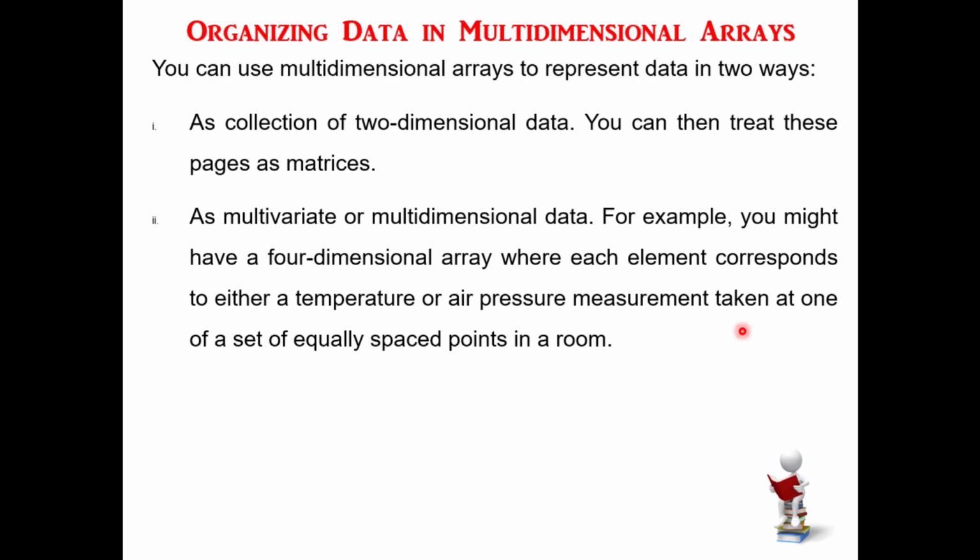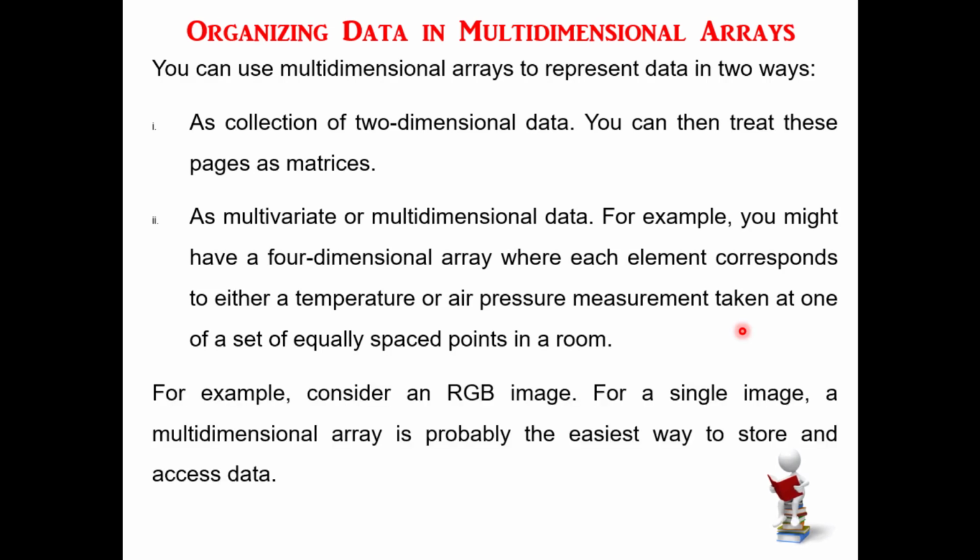For example, you might have a four-dimensional array where each element corresponds to either a temperature or air pressure measurement taken at one of a set of equally spaced points in a room. For example, consider an RGB image. For a single image, a multidimensional array is probably the easiest way to store and access such data.